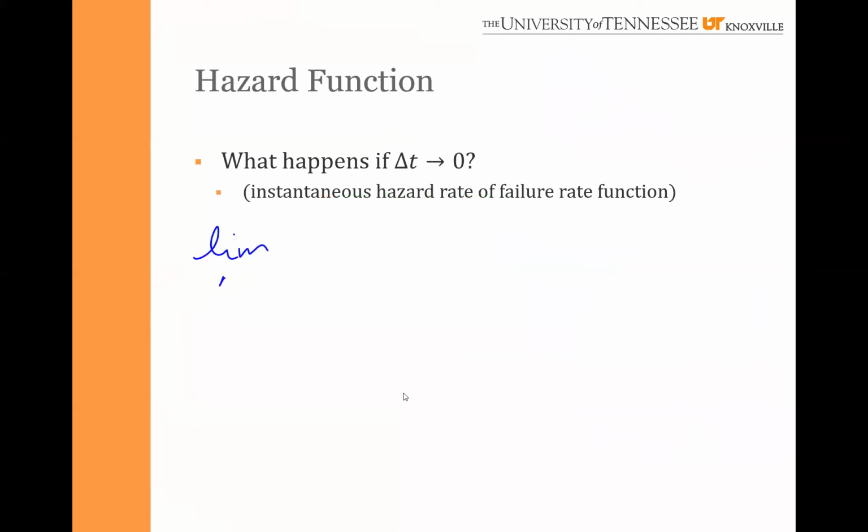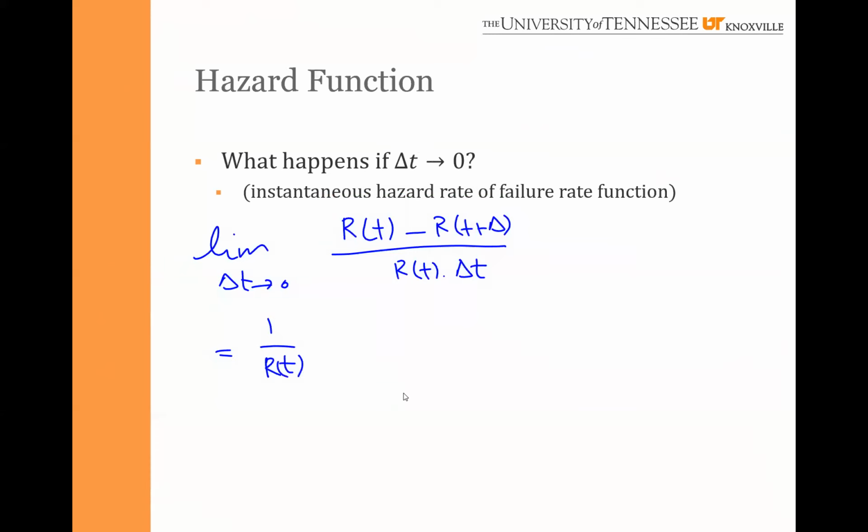So that's what I'm going to do. I'm going to take the limit of R(t) minus R(t plus delta t) over R(t) times delta t. So I'm going to take 1 over R(t) out, take the limit, and then the remaining part is R(t plus delta t) minus R(t) over delta t.